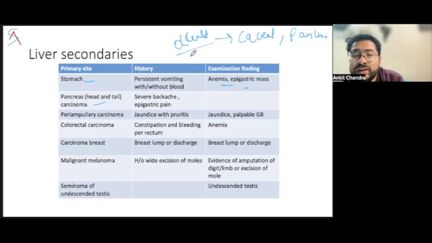When primary is not found after the investigations, like ultrasound, X-rays, you are not able to find out, then we call it unknown primary. Occult is based on clinical examination. You are not able to think of pancreatic carcinoma and cecal carcinoma. If primary is not found even after investigation, we call it unknown primary.